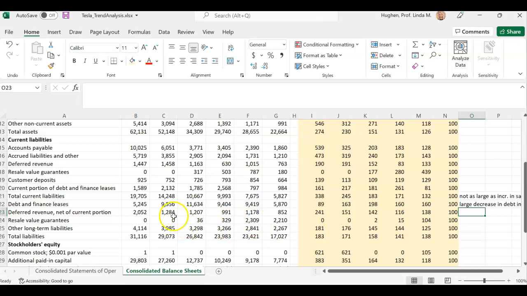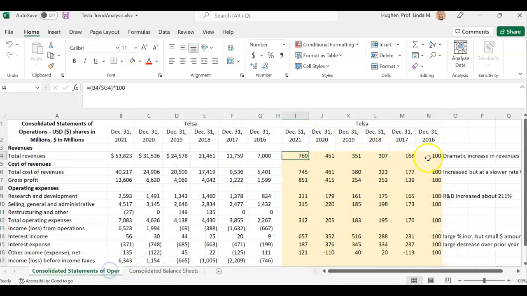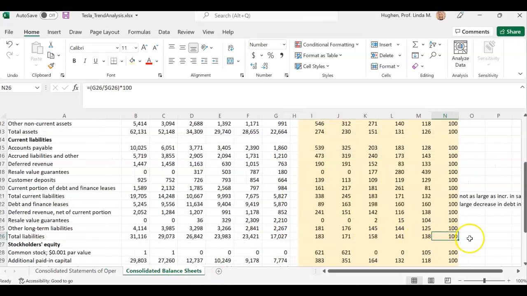These other items are relatively small dollar amounts, so the changes aren't quite as meaningful. So compared to an increase in sales of 669%, we see only an 83% increase in our liabilities. We could call that a relatively small increase.